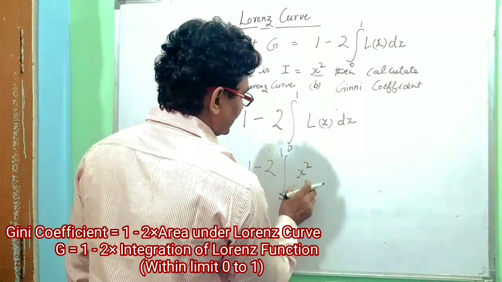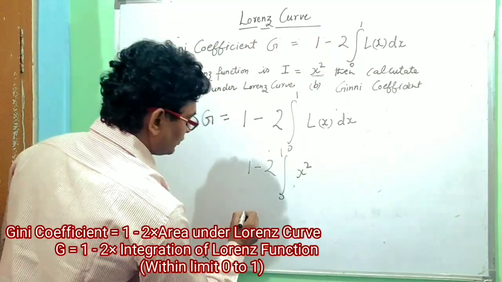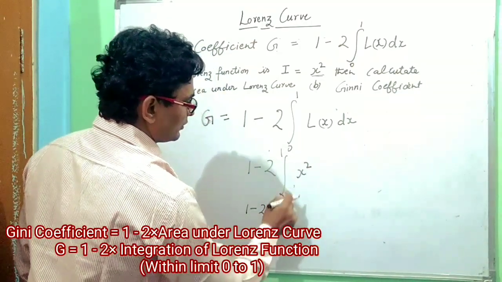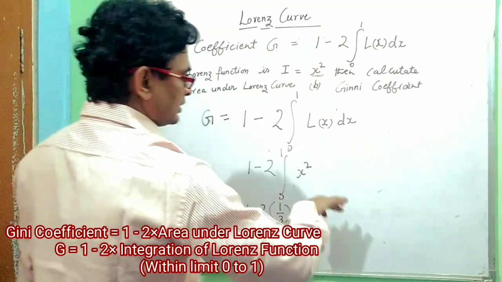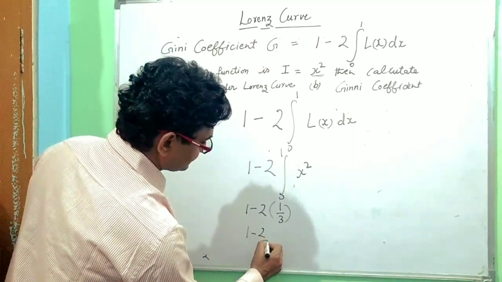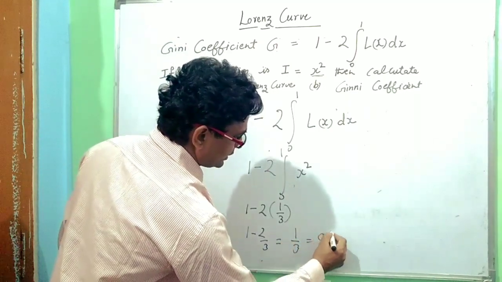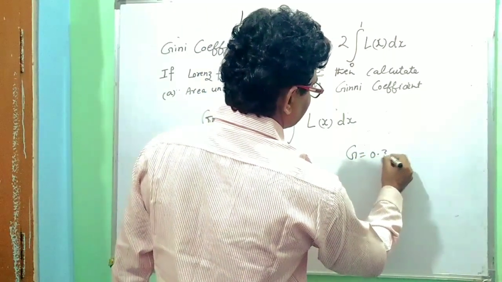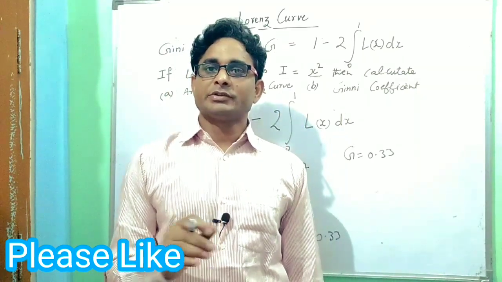As we have already integrated this earlier, the value of the integration is 1 upon 3. So we get 1 minus 2 into 1 upon 3, which is equal to 1 upon 3, which is 0.33. So the Gini coefficient is G is equal to 0.33.